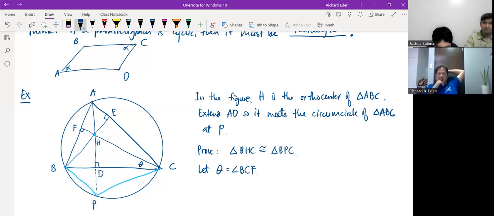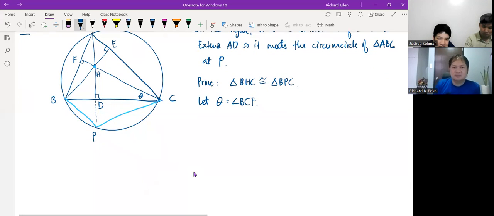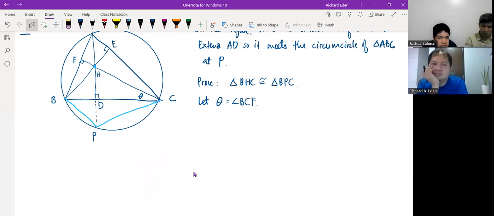Give me another angle which is equal to theta, using the many right triangles here.